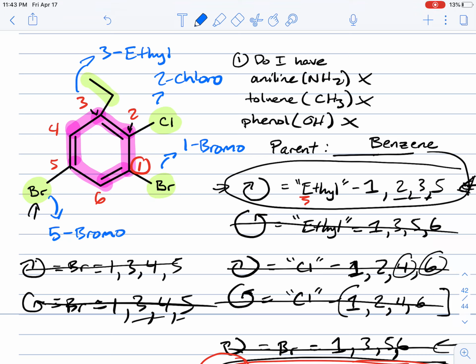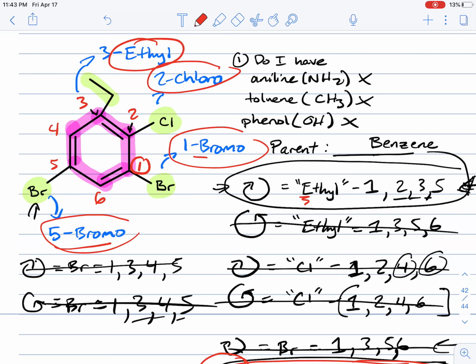All right. And so what we're going to do is we're going to just combine all of these numbers, all of these parts, and we're going to do this alphabetically. So B comes first, so we have to combine both of these two, then chloro, then ethyl, and then benzene.